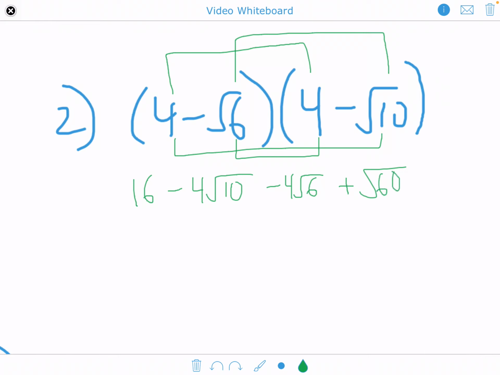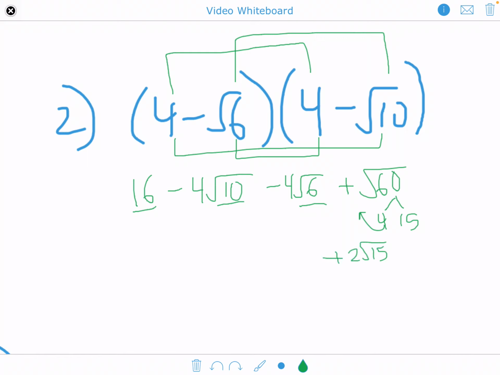Again, the first 3 terms are not going to simplify any further. We have a number, root 10, and root 6. None of those are like terms. But our square root of 60 can be reduced. This is going to become 4 times 15. Take out the 4, and now we'll have 2 root 15.